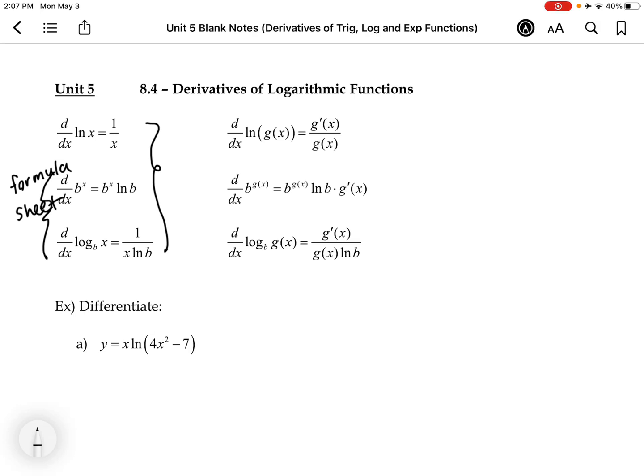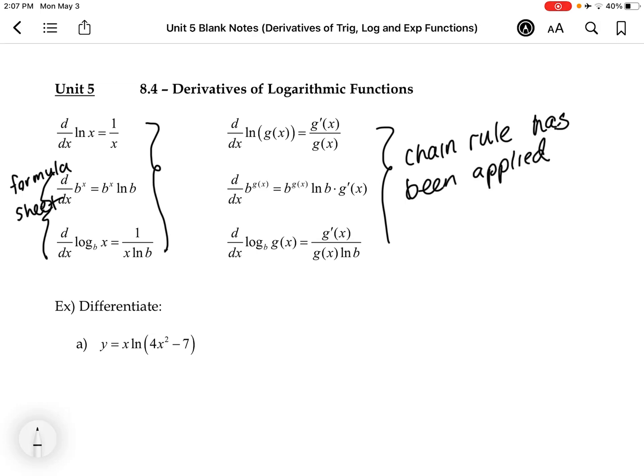The other three just beside them, honestly, I never memorize or remember those. These are just the ones to the left of them with the chain rule applied. So if you know how to use the chain rule, you don't need to know all of this stuff.